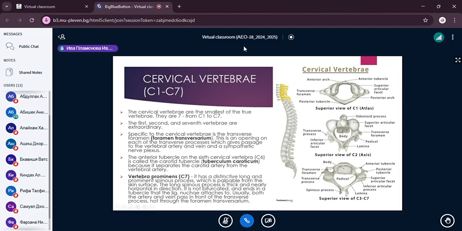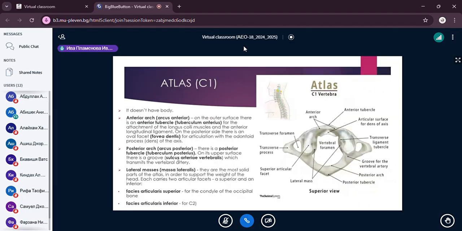It is called vertebra prominens because of its spinous process. And another specific thing is that the anterior tubercle of the C6 is called tuberculum caroticum, because it separates the carotid artery from the vertebral artery. If you have questions, you can ask, don't worry.